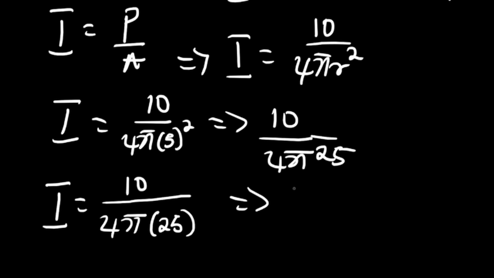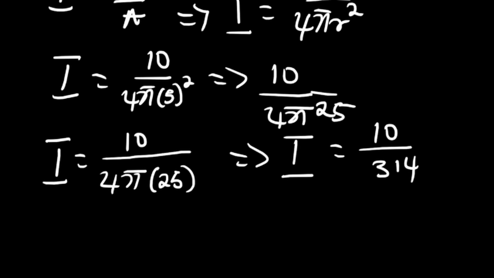So we have that this sound intensity is equal to 10 over 314. And when you simplify that further, 10 divided by 314 is giving me 0.0318.